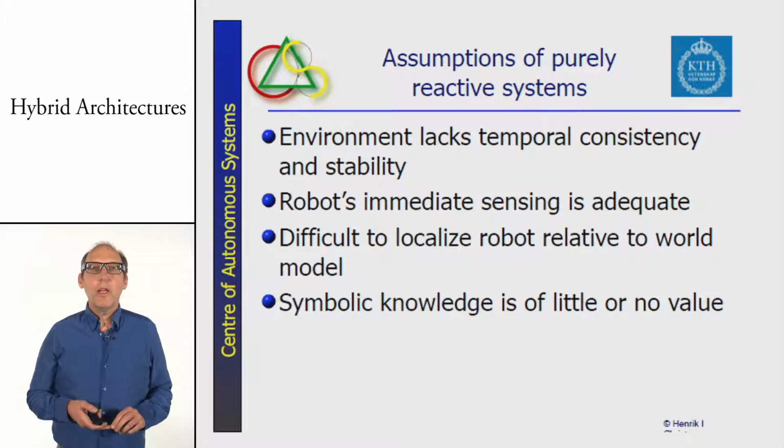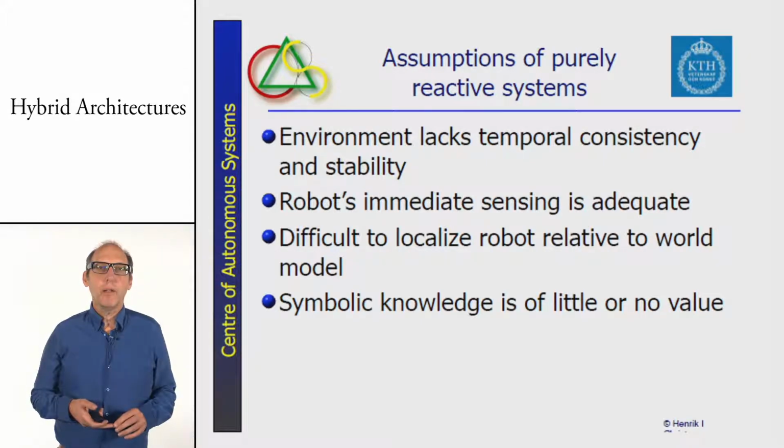What we see is that we were thinking about purely reactive systems. The nice thing of such purely reactive systems is that the world is the best model you have. It is consistent, it's stable, so often the immediate sensing is perfect to have a good response.